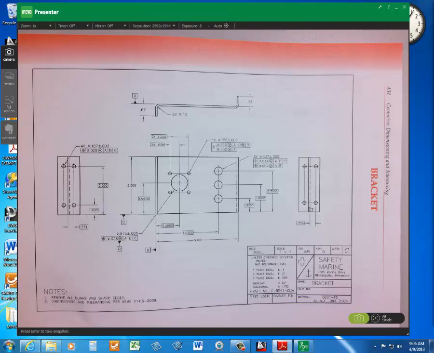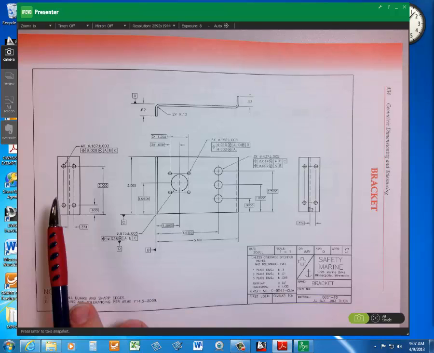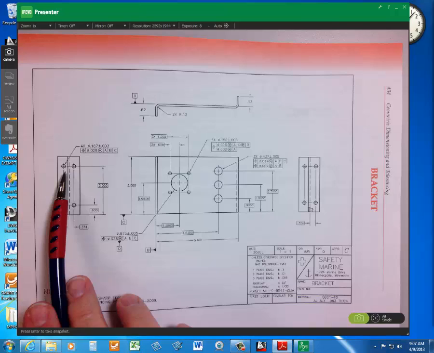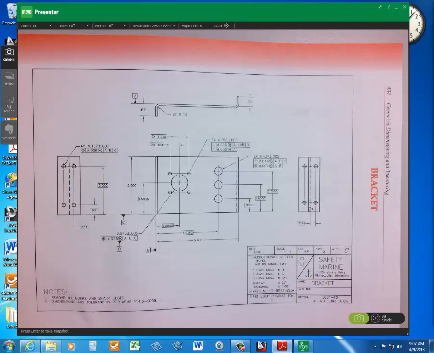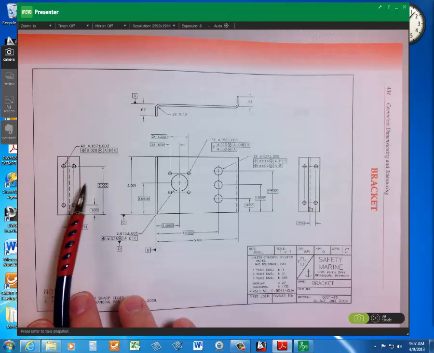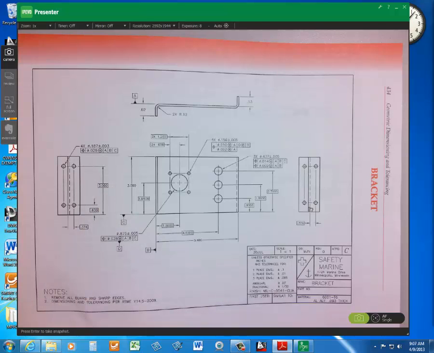diameter 0.187. Over here, the little holes on the end of the bracket. There are 4 holes. We're using rectangular coordinate dimensioning for the pattern of holes, or for those 4 holes.